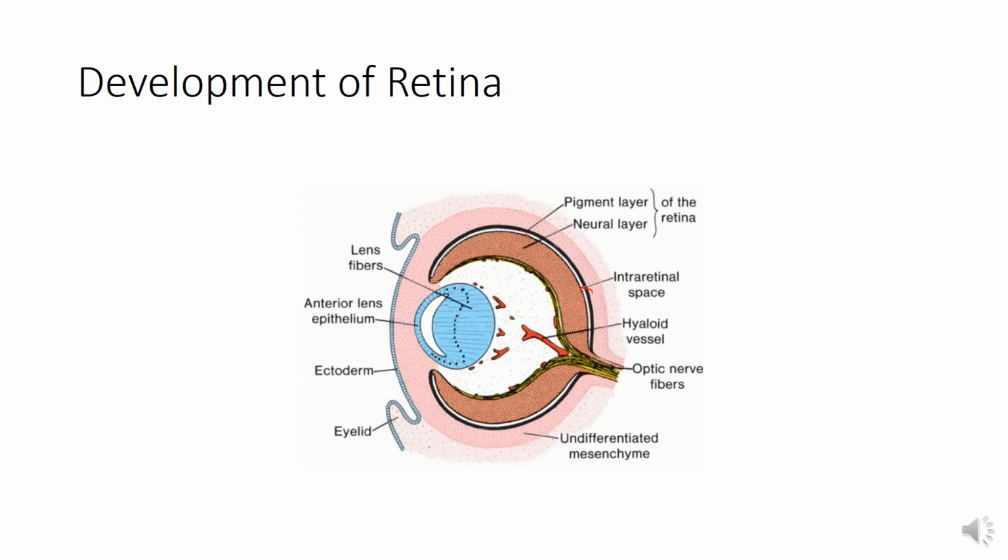The posterior 4/5 of the retina, the pars optica retina, contains cells bordering the intraretinal space.